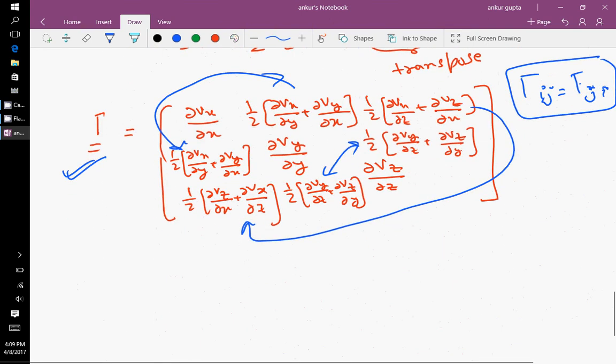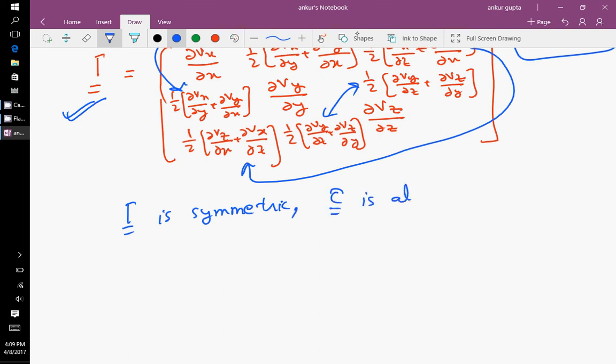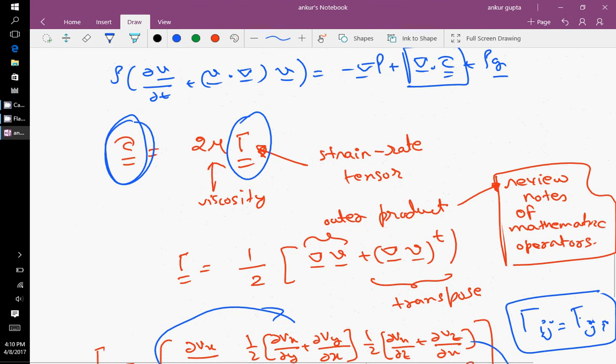And because gamma is symmetric, tau is also symmetric, because of the definition of gamma.